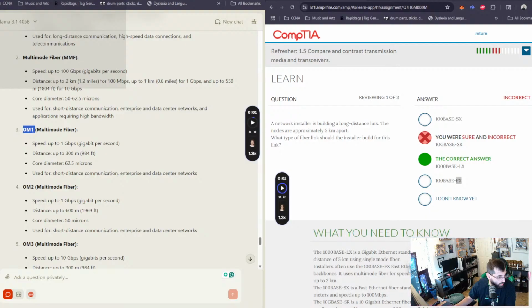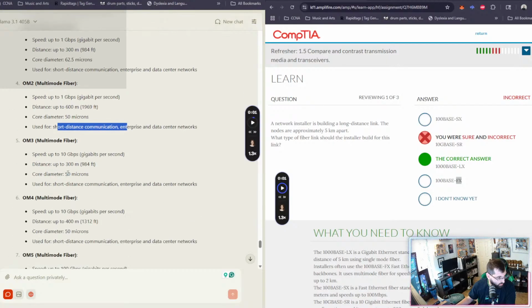OM1 multi-mode fiber, speeds up to 1 gig, distance 300 meters. It's pretty thick. Short distances.